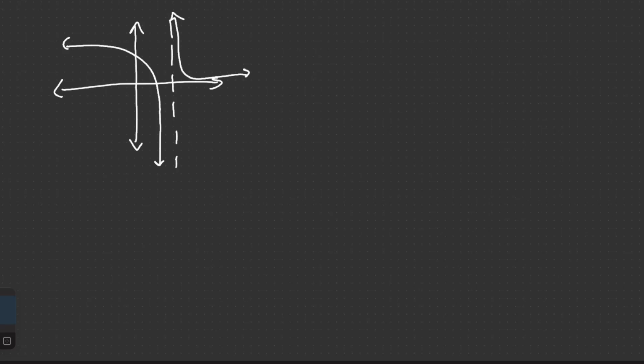To give an example, let's write the same graph. Let's say you have some asymptote, and let's say instead this goes down, and then on the other side it goes up. Now let's say this is the x equals 3 asymptote. Let's say this is f of x. For this one, the limit as x approaches 3 of f of x always does not exist.